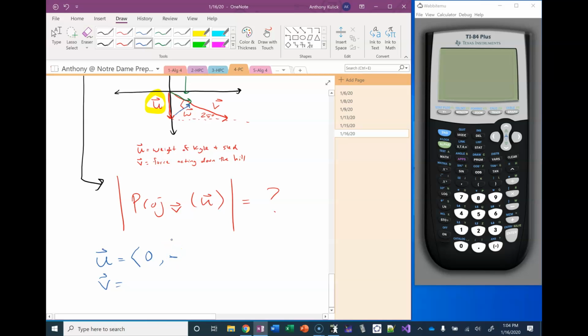And I know that the weight is the same as your force, so this can just be negative 165. Is everybody okay so far?